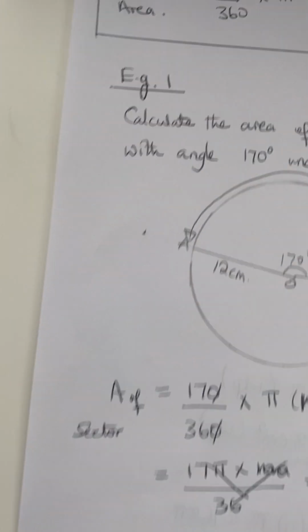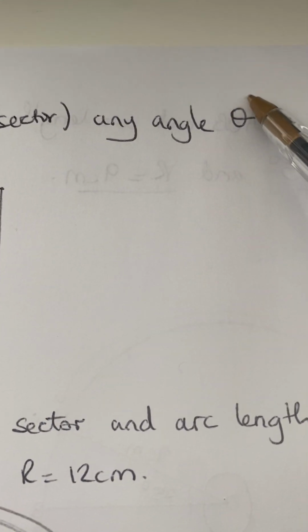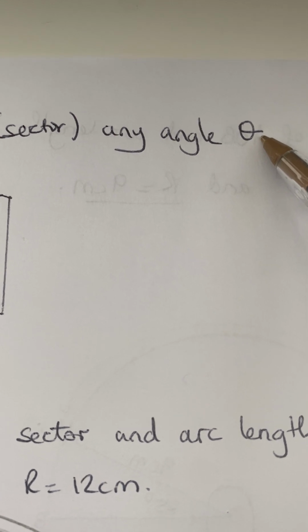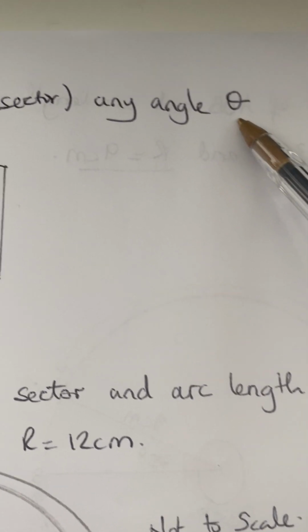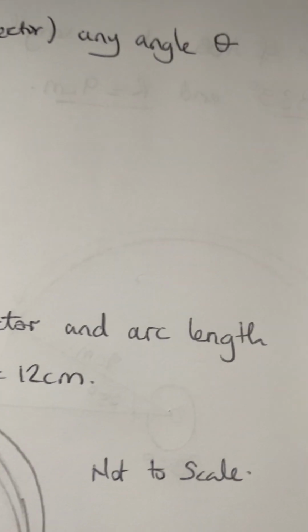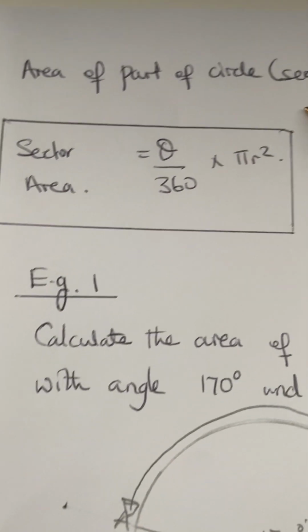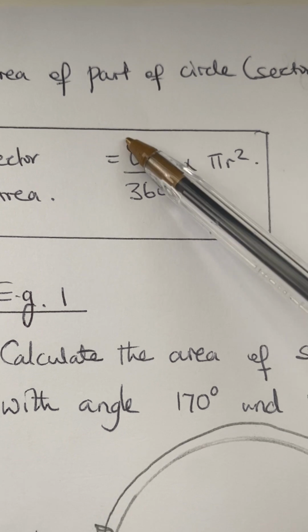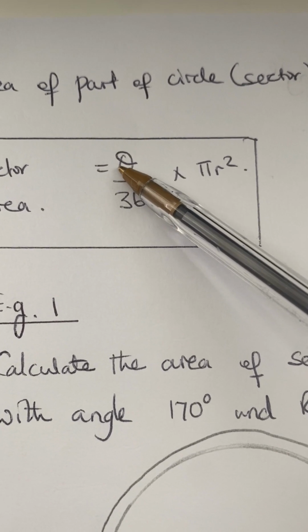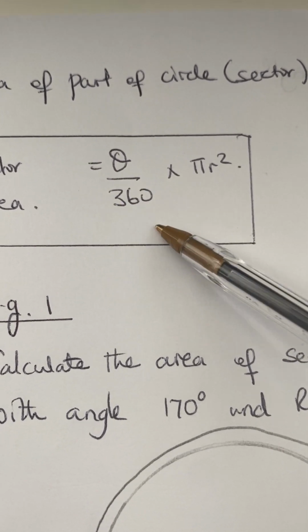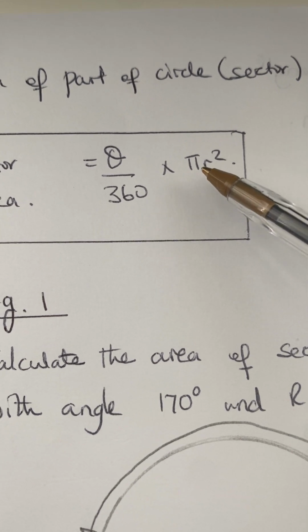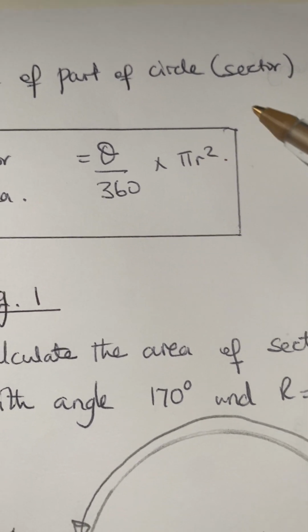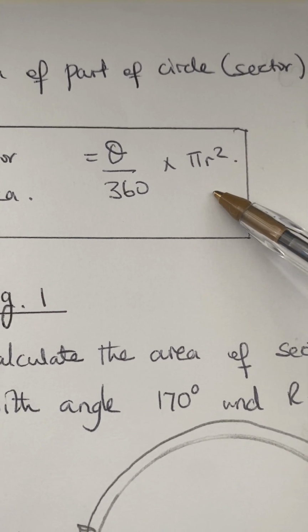So therefore, if I have an angle, part of the circle, as we've been looking at our pizza again, area of that sector will be the angle over 360 times pi r squared. Put this on your flashcard.